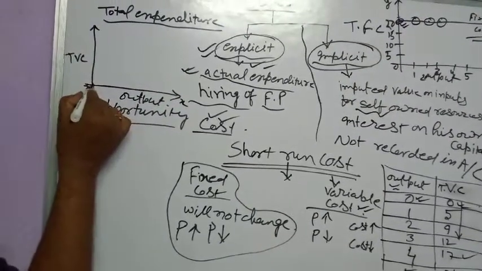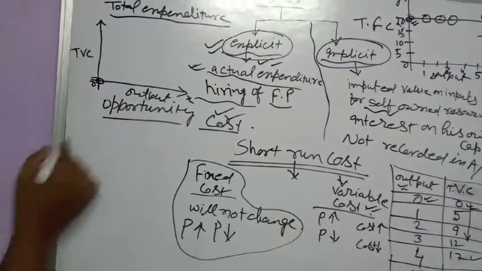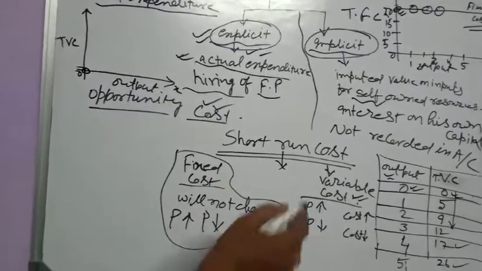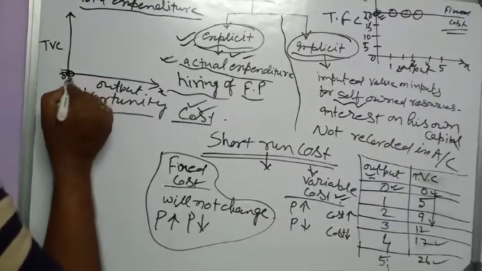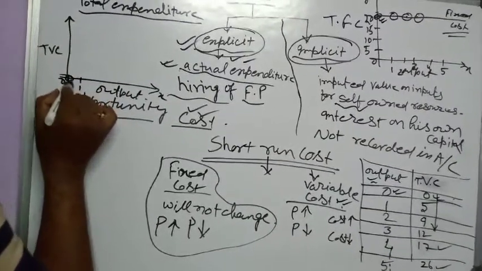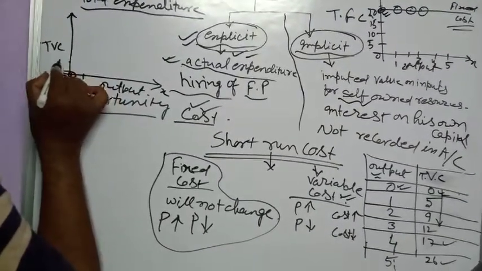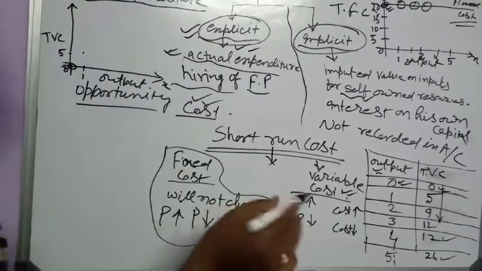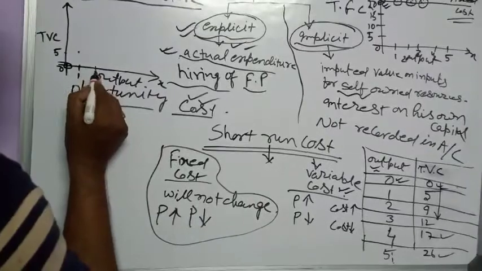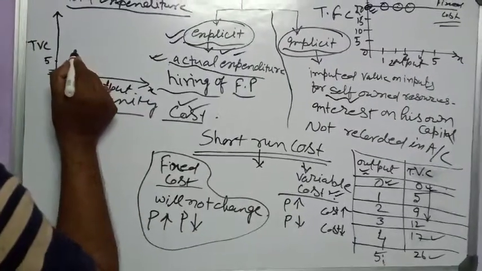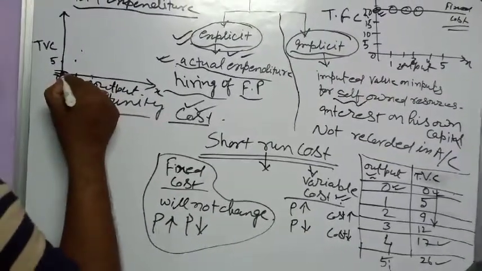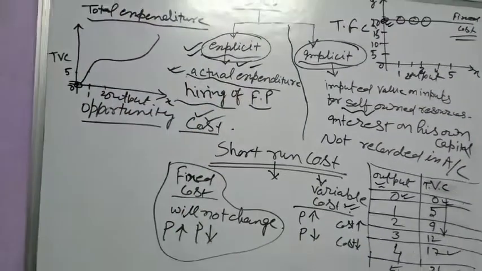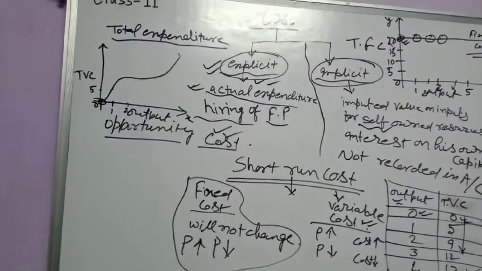So it will start from the origin. When the output is 0, the cost will also be 0. Suppose when we produce 1 unit, the cost of production is 5, so it may be 5. Now 9 in the second unit, it may be here. So you find that it is running in this way. Is it clear?